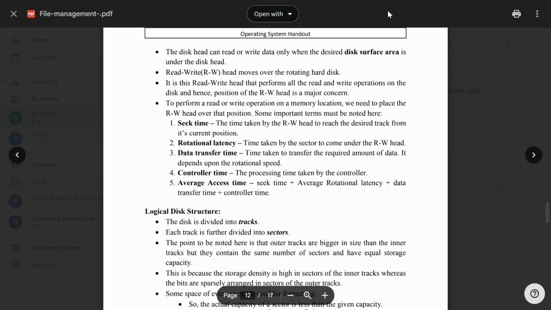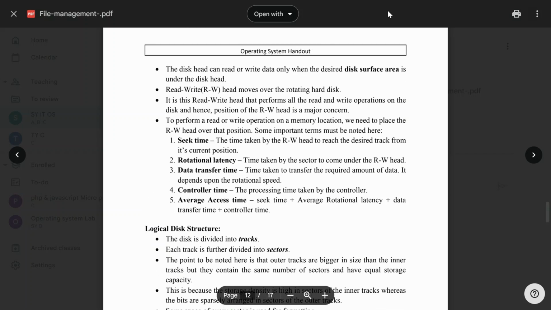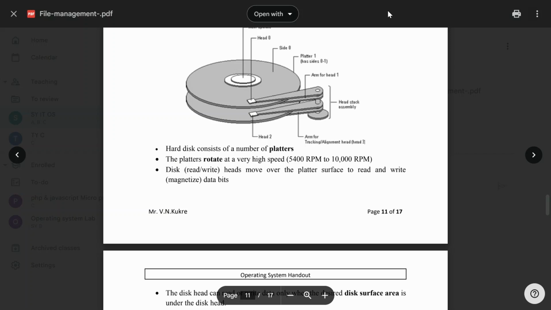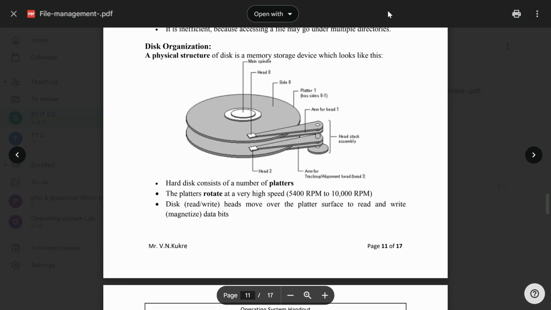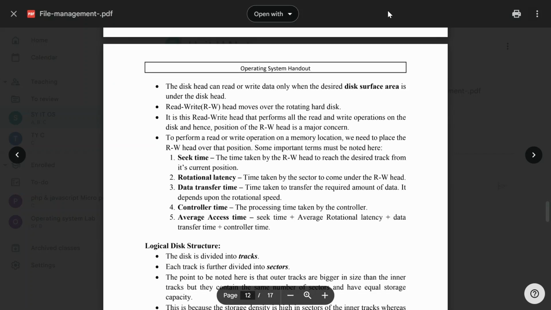The disk head can read or write data only when the desired disk surface area is under the disk head. Both these platters revolve around the spindle, and the heads also continuously move over the platters.